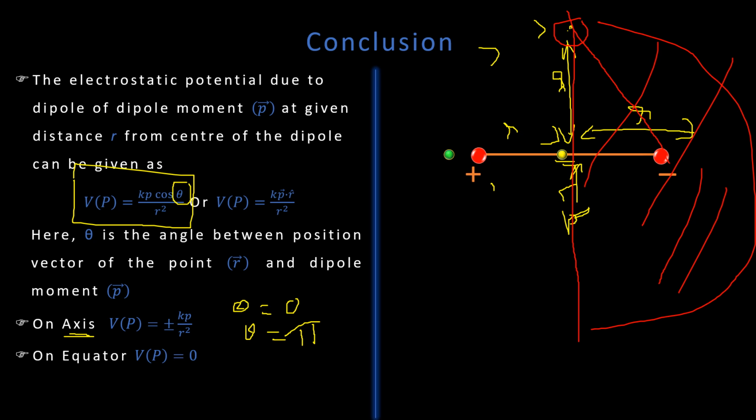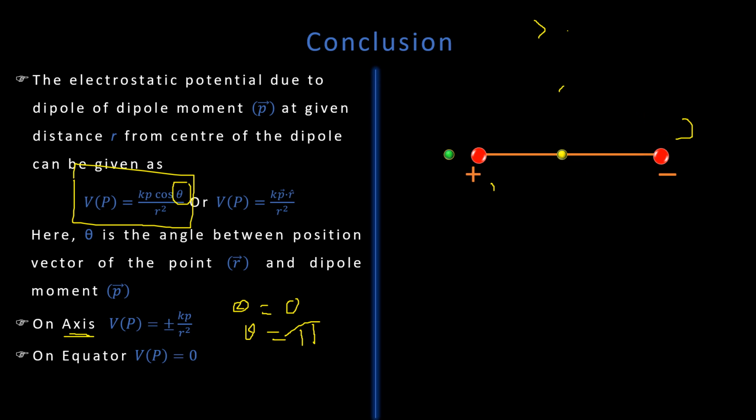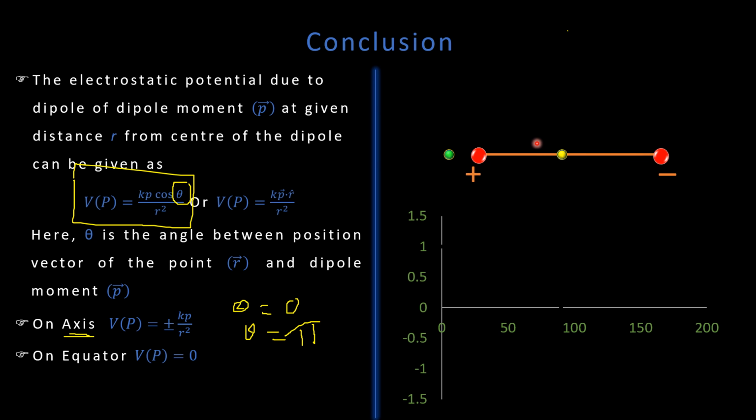So can we plot a graph of potential versus angle? And if we plot it, what will be the nature of that graph? Let us try to understand. Here I am taking potential on the vertical axis and angle on the horizontal axis.